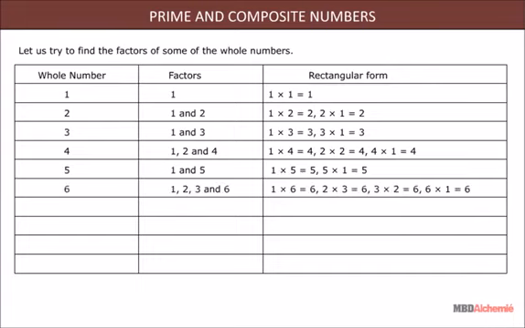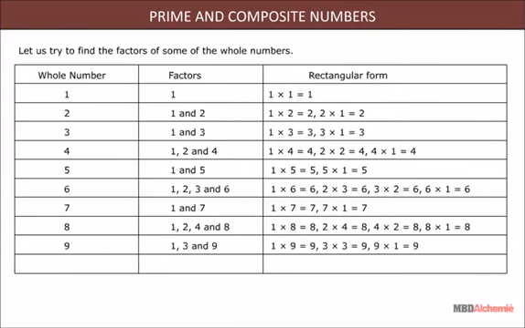Factors of 6 are 1, 2, 3 and 6. Factors of 7 are 1 and 7. Factors of 8 are 1, 2, 4 and 8. Factors of 9 are 1, 3 and 9. Factors of 10 are 1, 2, 5 and 10.